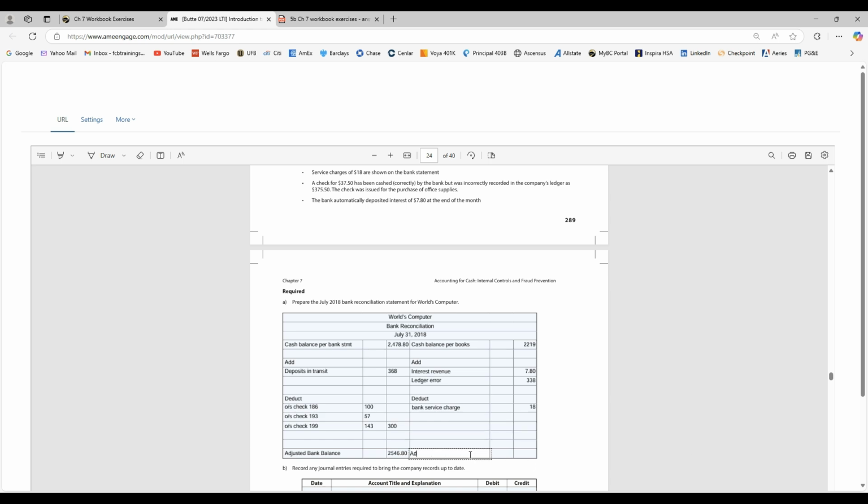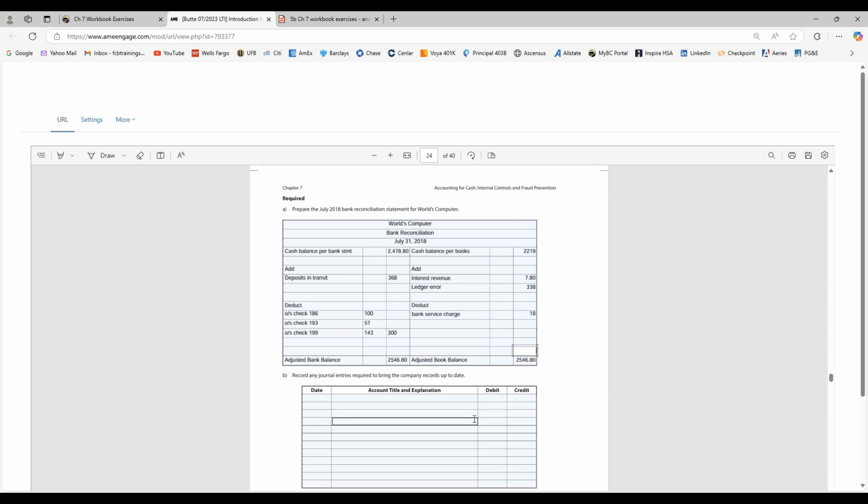Then we have adjusted book balance, and let's make sure we got everything right there. 22.19 plus 7.8 plus 338 minus 18. Yep, we got the same balance, so we match. That's what we're trying to shoot for, so that's great.